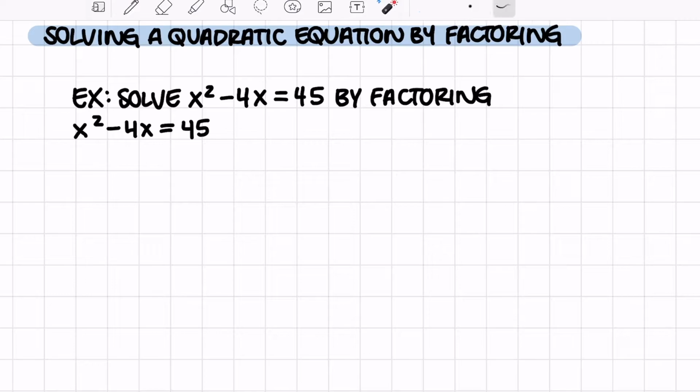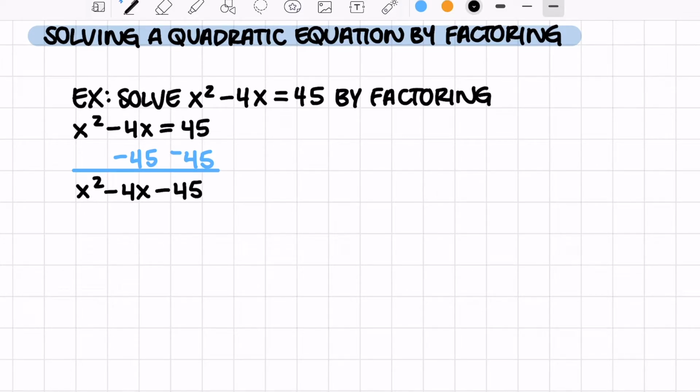So at the moment, this equation right here is not in our ax squared plus bx plus c format. So what I want to do is move that 45 to the left side of the equation. So to do that, I'm going to subtract 45 on both sides. If I subtract 45 on both sides, I'm left with x squared minus 4x minus 45, and that equals 0.